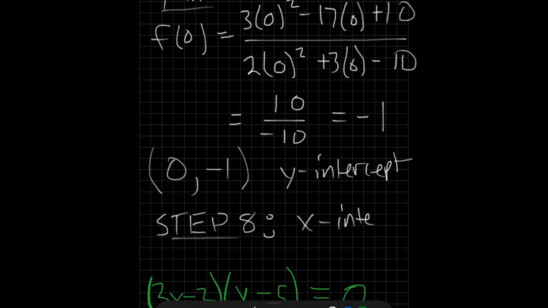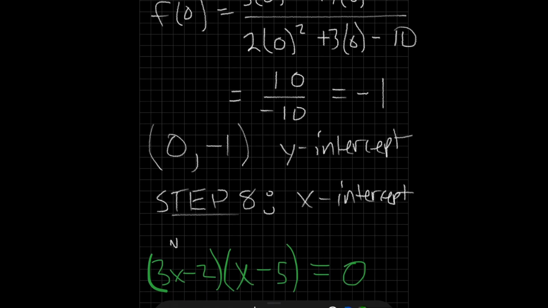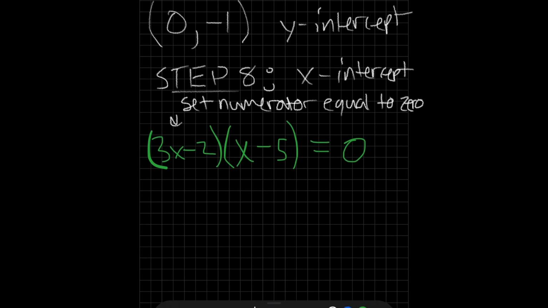This is your x-intercept. And what we did was we set our numerator equal to 0. And we don't set the denominator equal to 0 because that would tell us where our function is undefined. So we get 3x - 2 = 0, and x - 5 = 0.